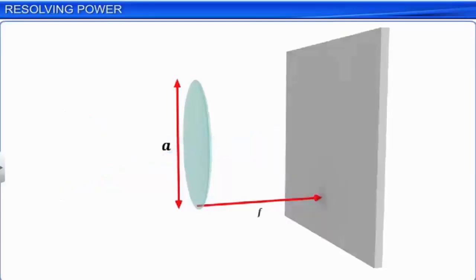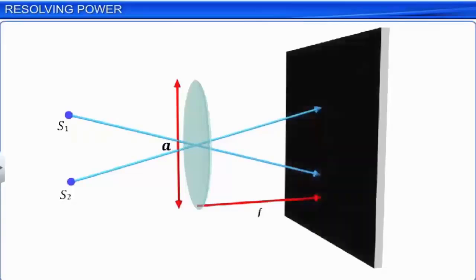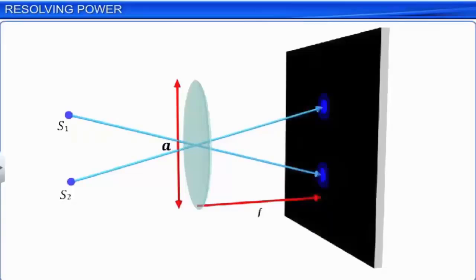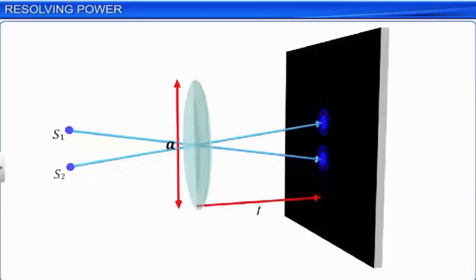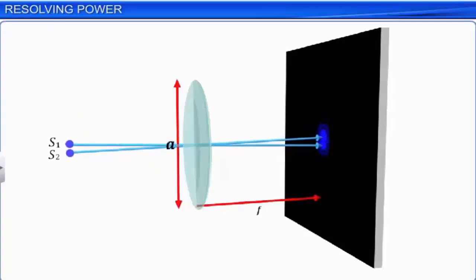Let S1 and S2 be 2 point sources of light placed before a converging lens. Due to diffraction, the images formed by the lens on the screen placed at the focal plane are two circular disks. If the two sources are closely placed, the disk images overlap each other and appear like a single disk.